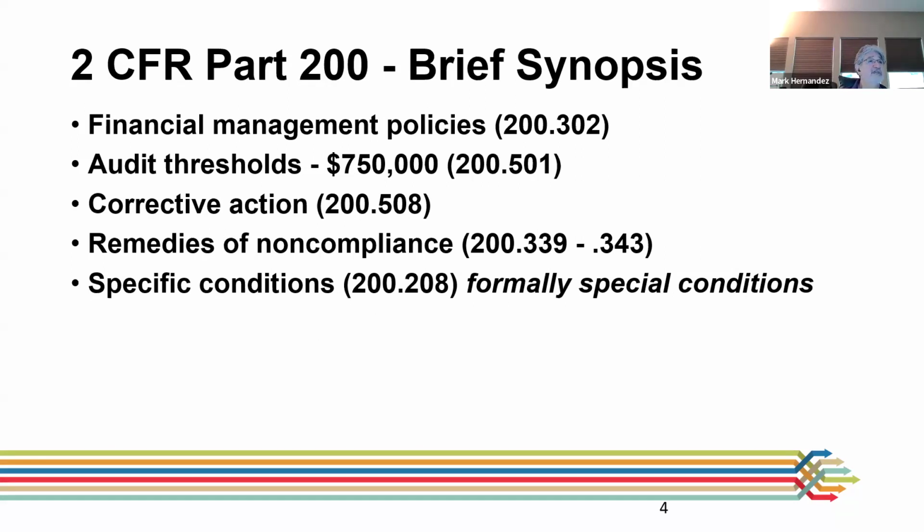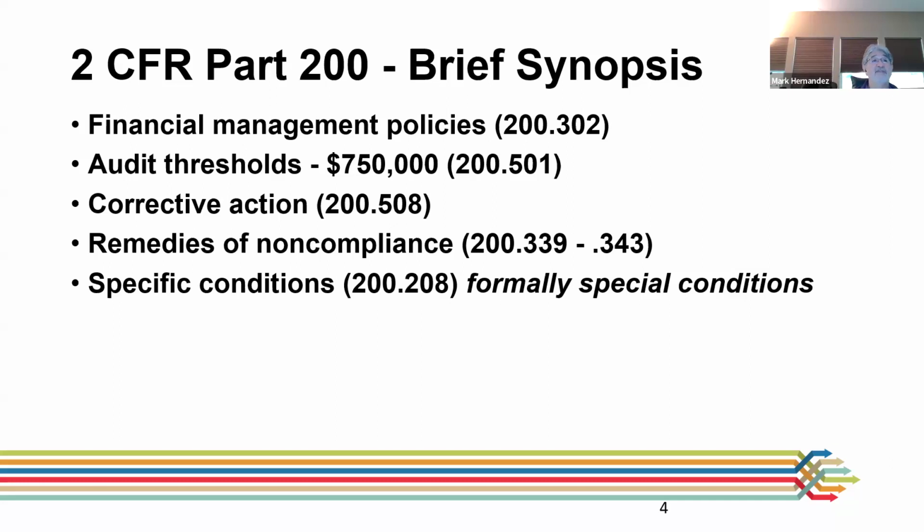Now, those three corrective actions are typically with the audit, where if you have a finding, you will have corrective action that you will need to do at that point.